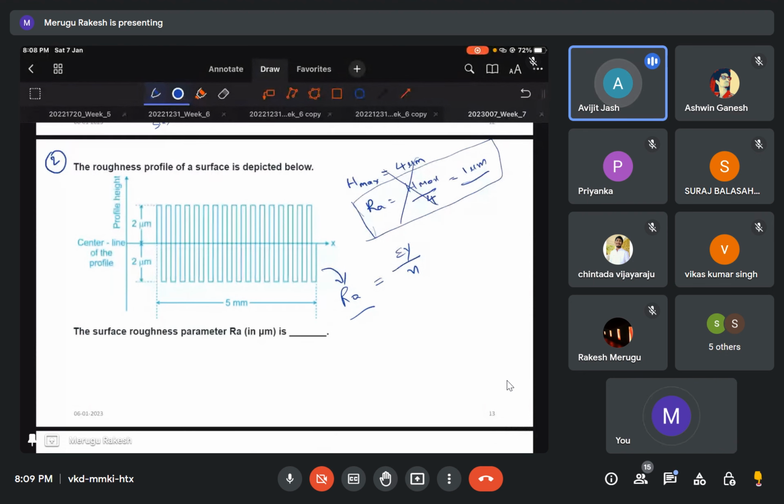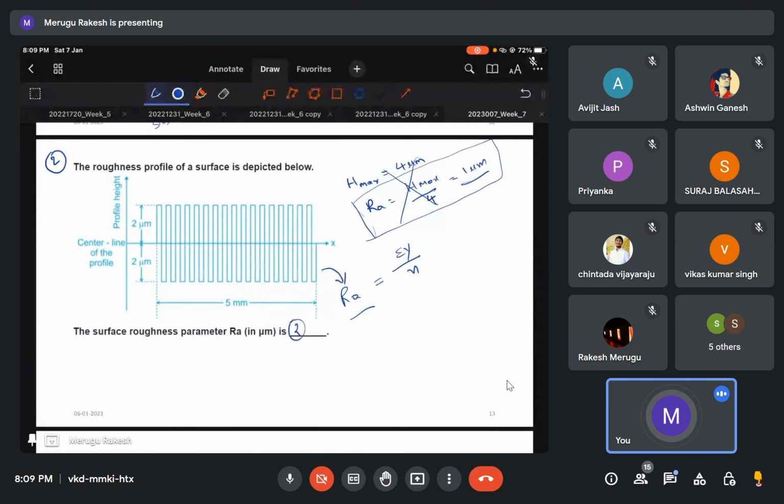So if the number of observations are the same on both sides, then it doesn't matter. Can't we write the answer directly? Yeah, you can write it directly. Then the answer would be 2 micron, right, sir? Yes, it's 2 microns on one side.